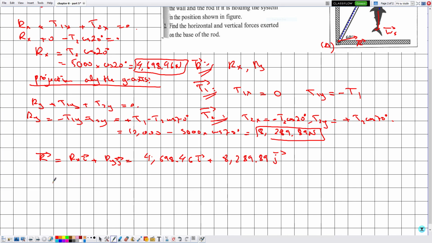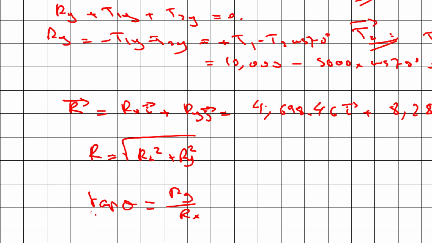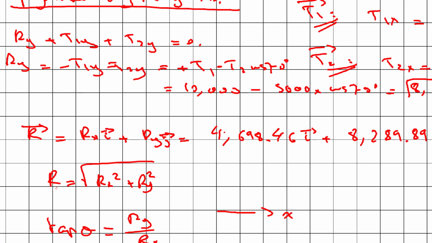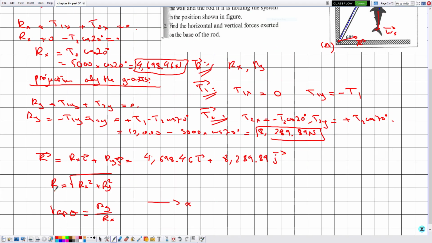And if you want to determine the magnitude, R is equal to square root of Rx square plus Ry square. And if you want to determine the angle, tangent theta is equal to Ry divided by Rx. This angle theta will be the angle between the vector R and the positive x-axis, like this. And this is the length, which is the magnitude.